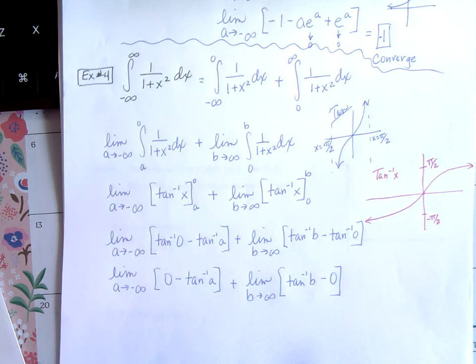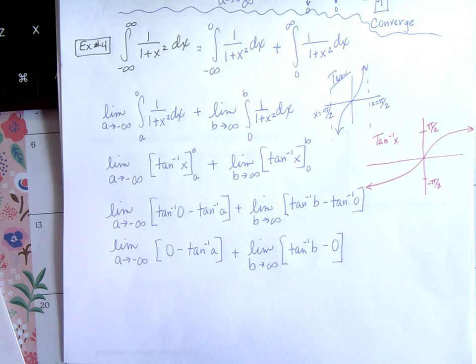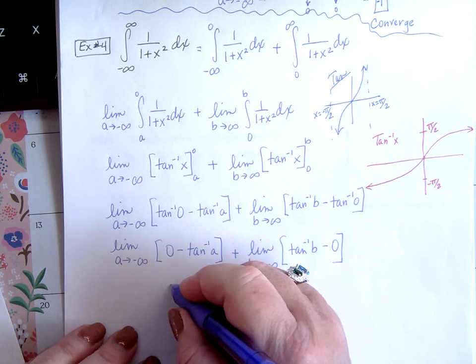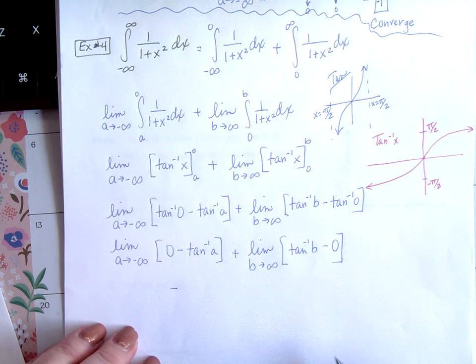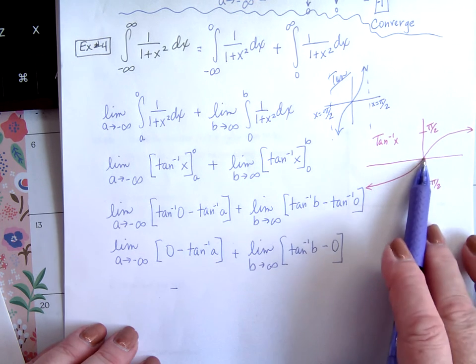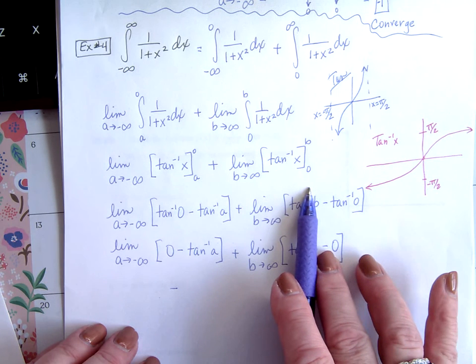I think we're close enough to be able to just do direct substitution at this point. So this one's going to be a negative. If I put in -infinity, I'm going to -infinity. What is my y value getting closer and closer to? That would be -pi/2.